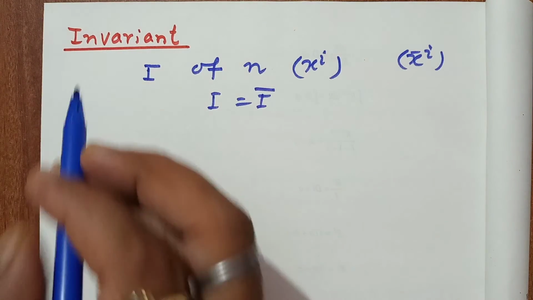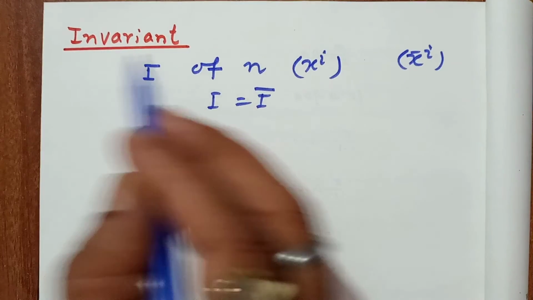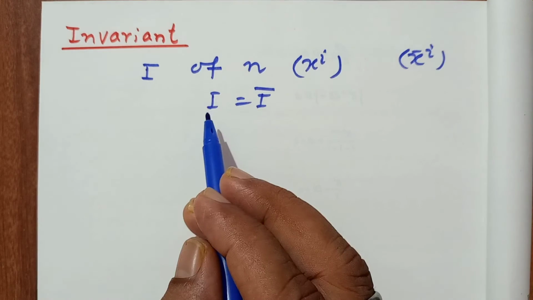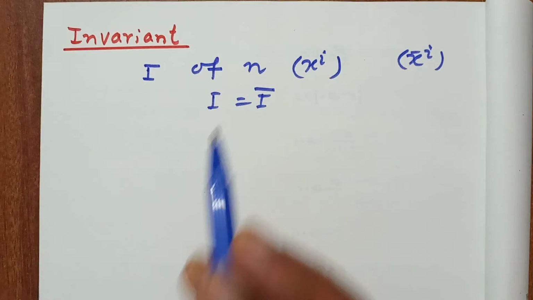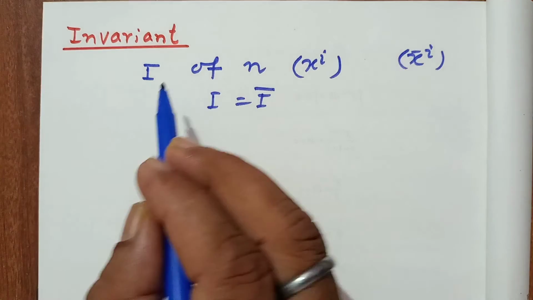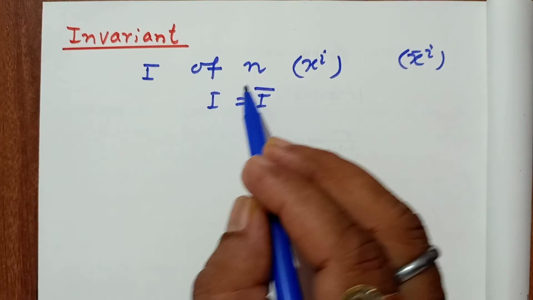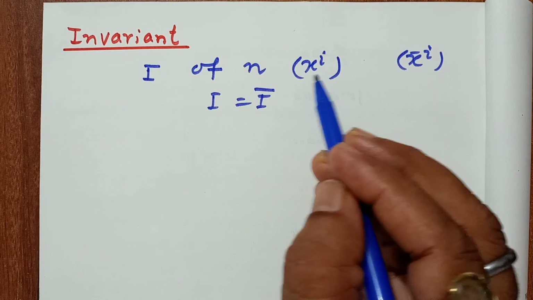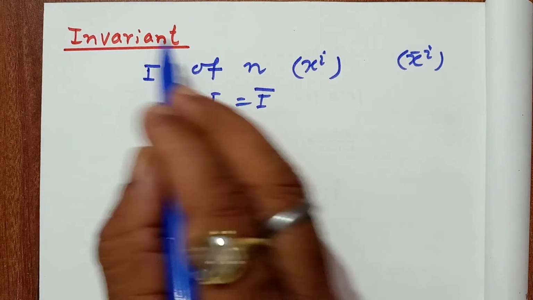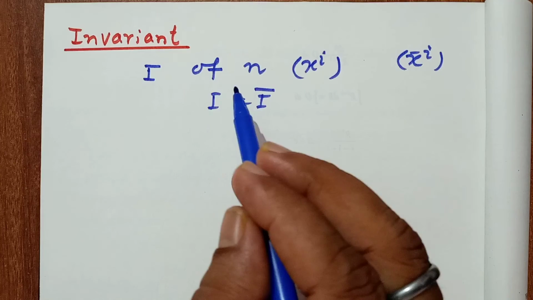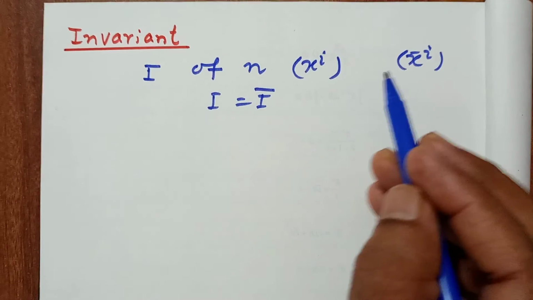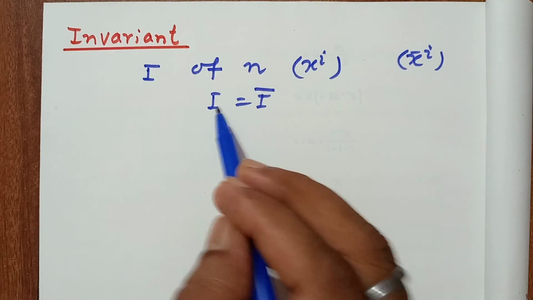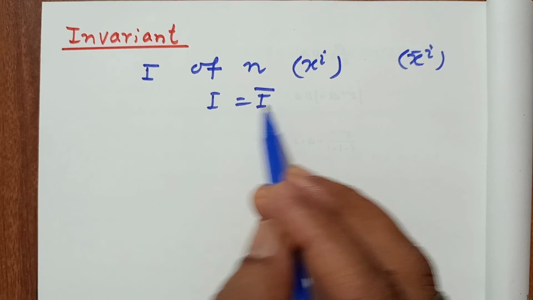Now, what is an invariant? An invariant means a function I of n coordinates, in the coordinate system x i, is called an invariant if, when we transform to x bar i, it stays the same, that is, I is equal to I bar.